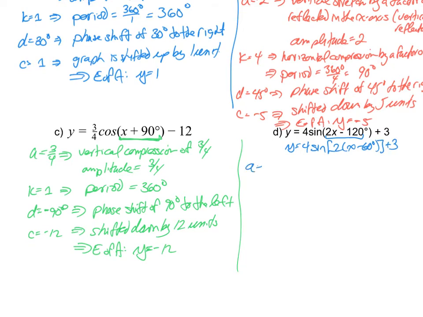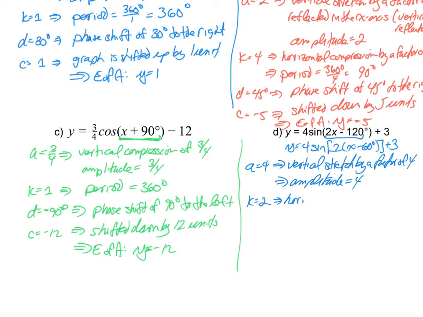So my a value is 4. This implies a vertical stretch by a factor of 4, which in the sinusoidal function means that the amplitude is 4. Here we have a k value of 2.